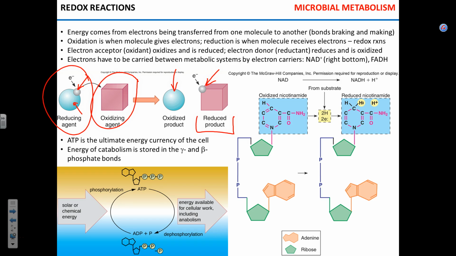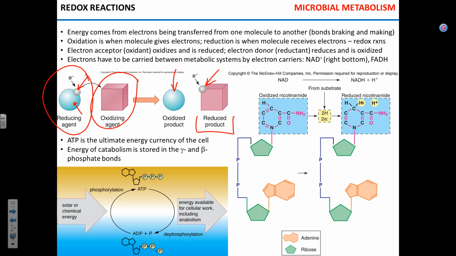You have to appreciate the fact that these two cannot happen without each other, right? Because when a molecule gets stripped of electrons, what happens to it? How do we call it? It gets oxidized, right? When a molecule gains electrons, it gets reduced.